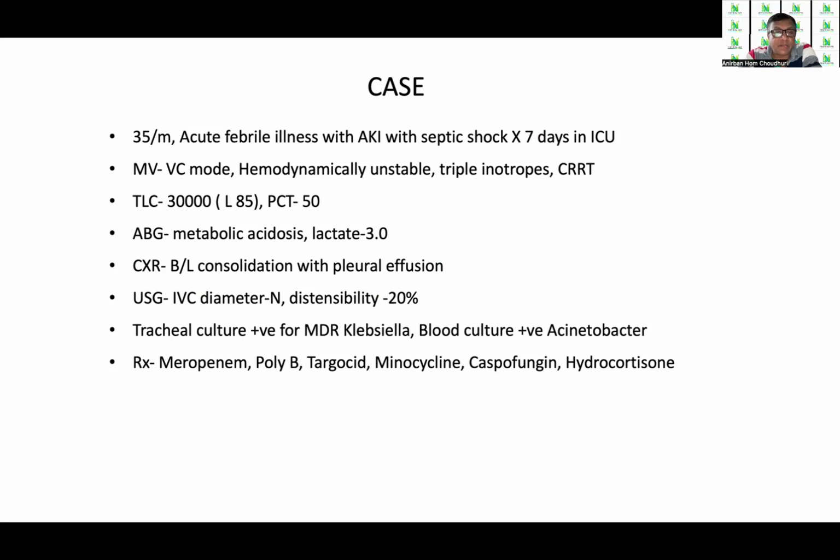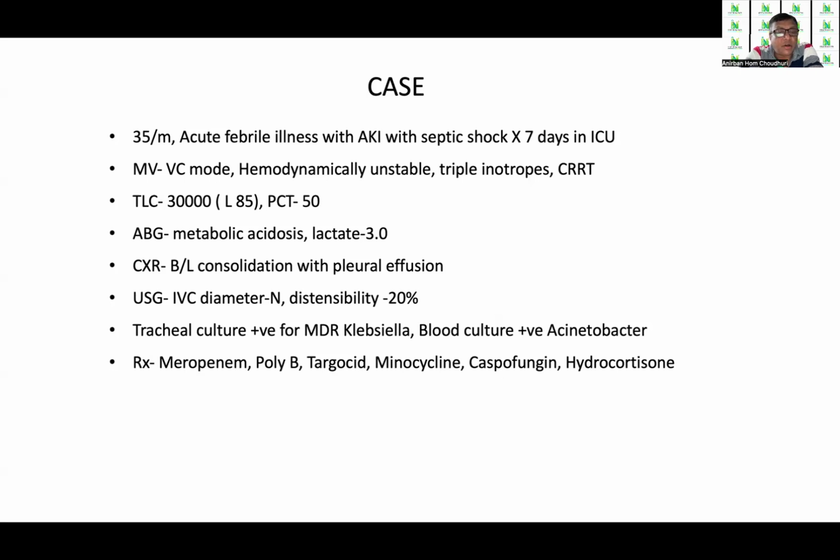Chest X-ray shows bilateral consolidation with pleural effusion. Ultrasound abdomen shows a normal IVC diameter of less than 2, and the distensibility is less than 20%. The tracheal culture is positive for MDR Klebsiella. The blood culture is positive for multi-drug resistant or carbapenem resistant Acinetobacter.